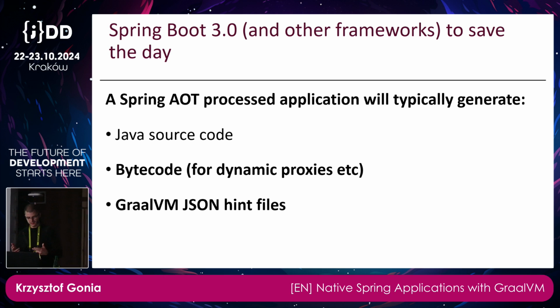What is interesting is that it generates all the beans as just Java sources. Spring creates beans at runtime, as you probably know if you are using Spring. It does it by reflection. With Spring AOT, it will create your beans as Java code, so it can be just compiled and treated as normal code.